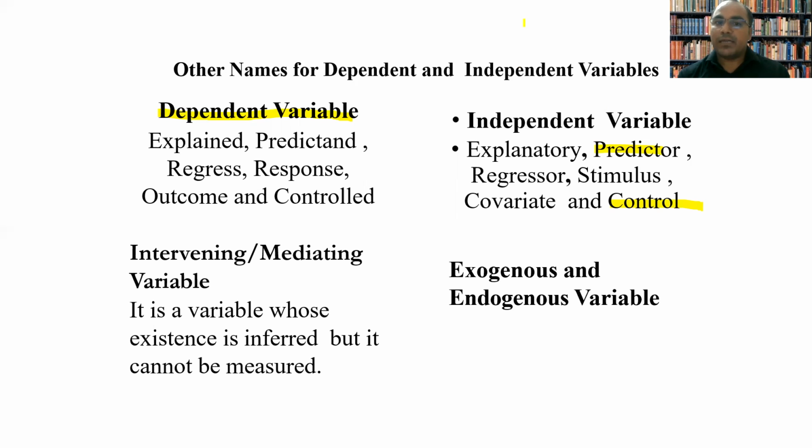Then we need to understand the dependent variable, the independent variable, some other nomenclature of the dependent and independent variables, and exogenous and endogenous variables. These are the basic information required when we are going to begin a study. So this is basic information about types of variables.